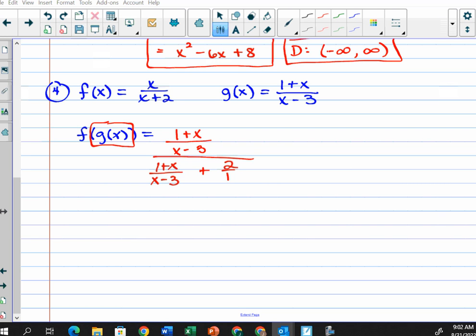So I would simplify this into one fraction. How would I do 1 plus x times 2? What do you need to add? So I would multiply the top and bottom by x minus 3. It's always top and bottom.